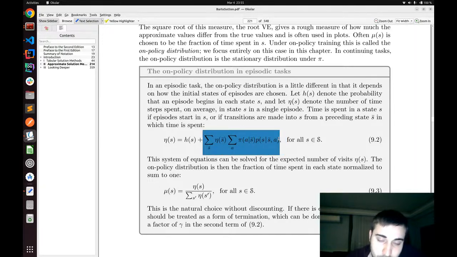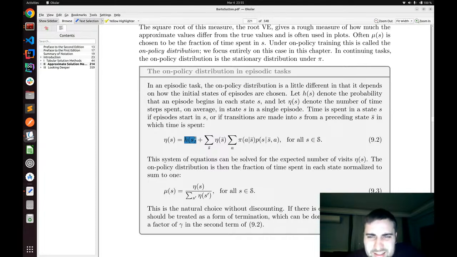And that's for all possible previous states, plus the probability. That doesn't make any sense.